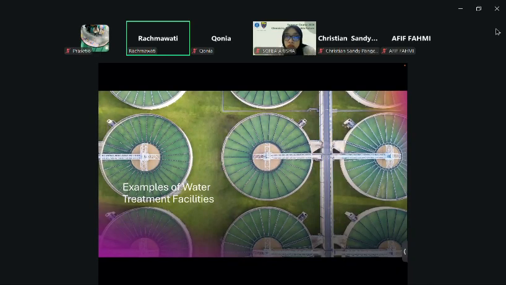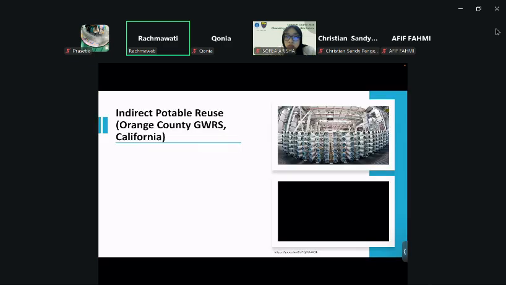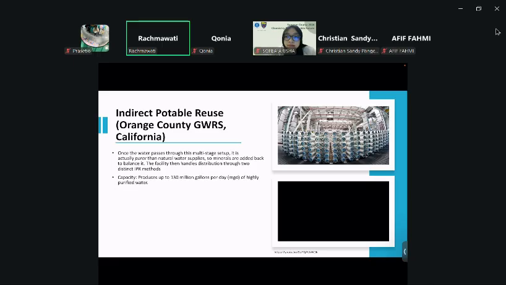The next is examples of water treatment facilities. Here, for example, we have indirect potable reuse in Orange County, California. It's actually quite a large facility. It produces up to 130 million gallons per day of purified water, and it provides high quality drinking water for nearly 1 million residents in North and Central Orange County.